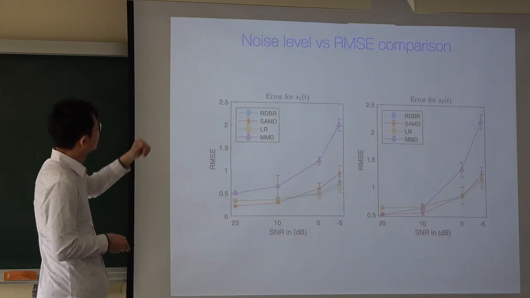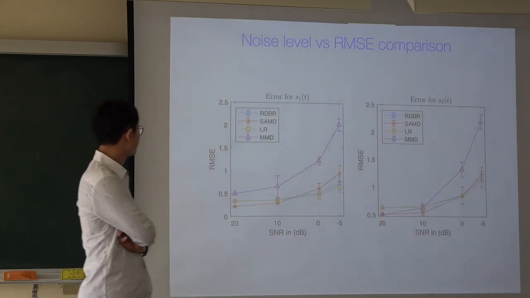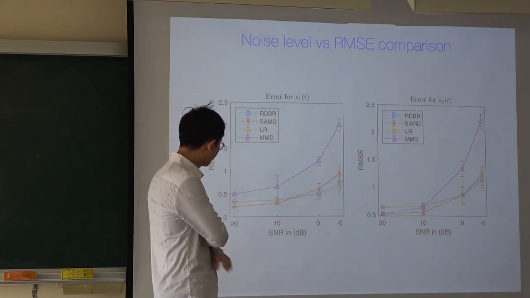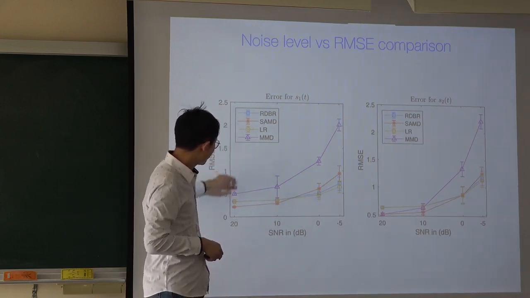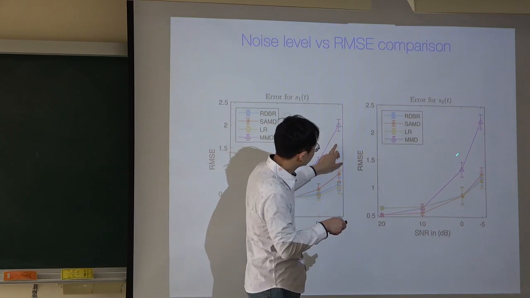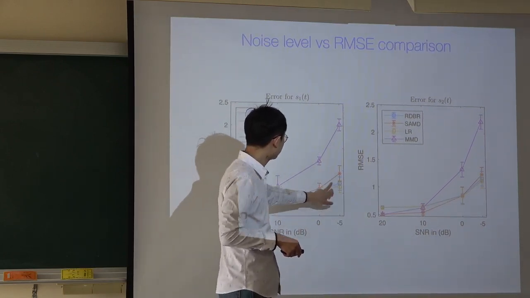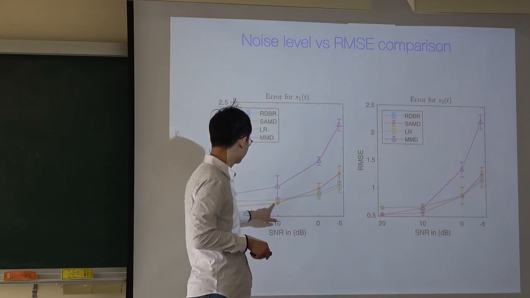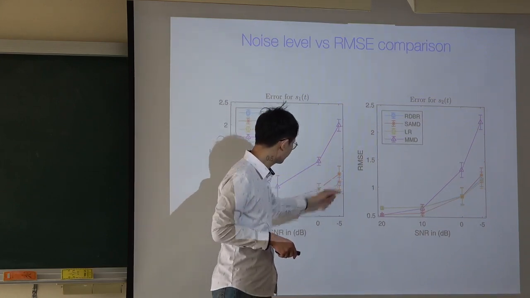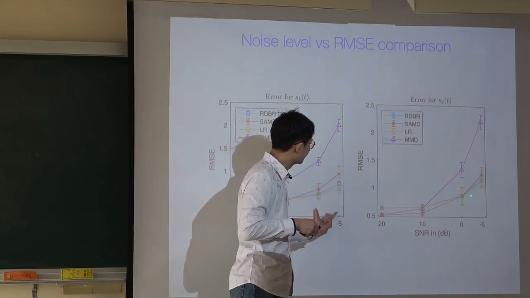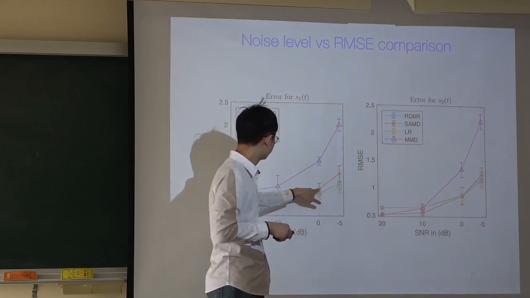And this is the noise level versus root mean square error. You can see that MMD's error is usually the largest, and SAMD's is relatively small, but it becomes weird when noise is very large for the first component. But overall, it's comparable.